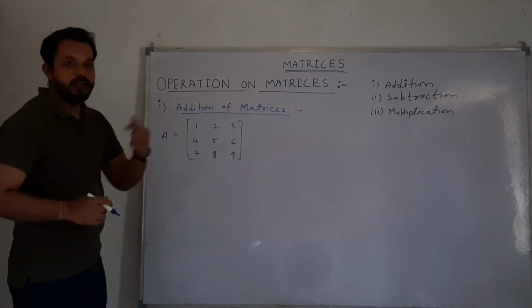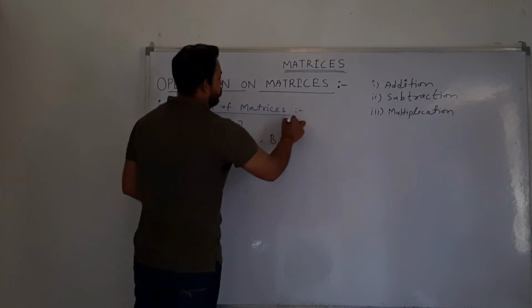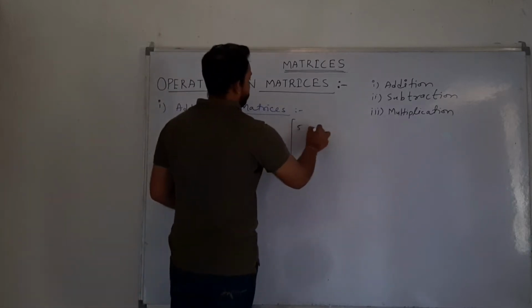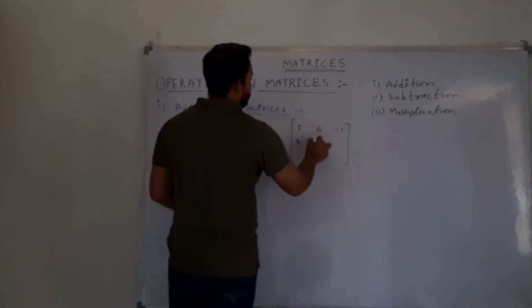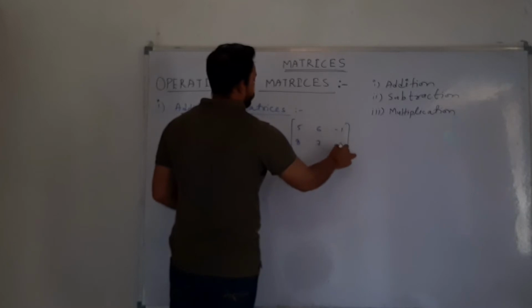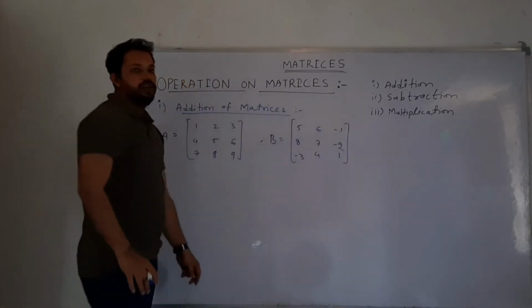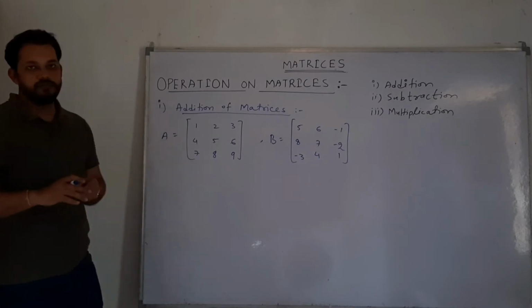We have another matrix, that is matrix B, whose elements are 5, 6, minus 1, 8, 7, minus 2, minus 3, 4, 1. These are the two matrices we have.